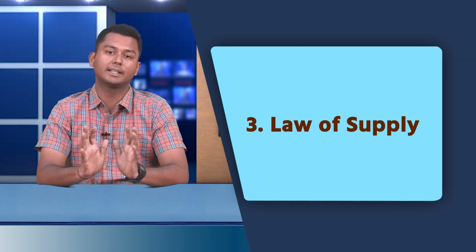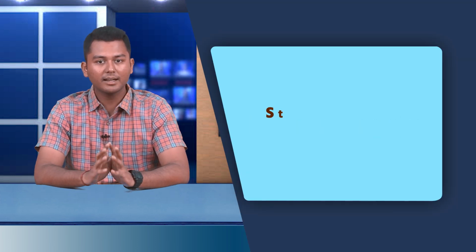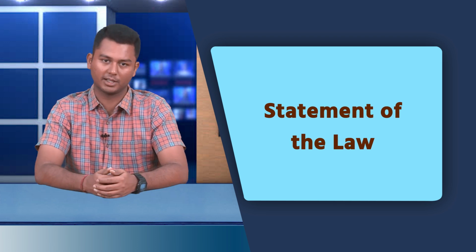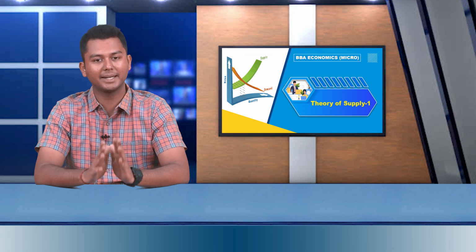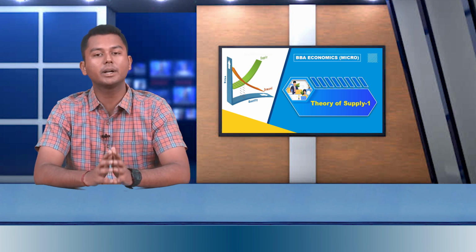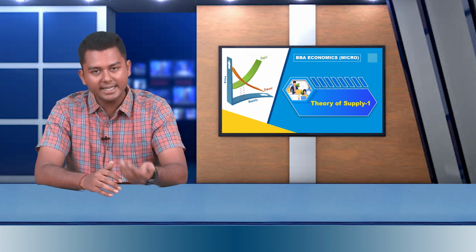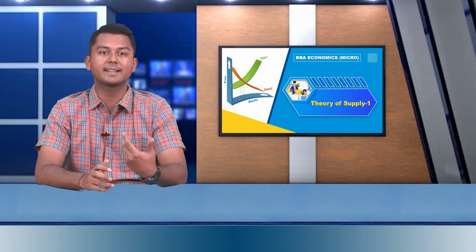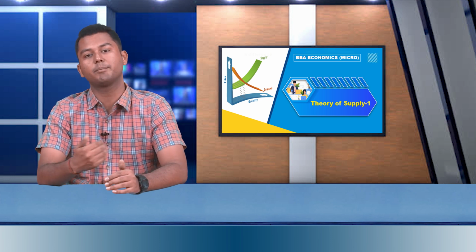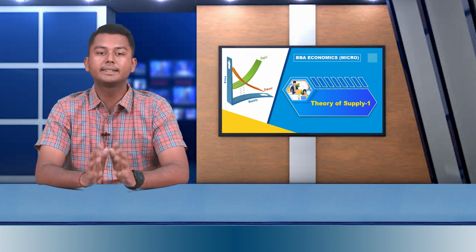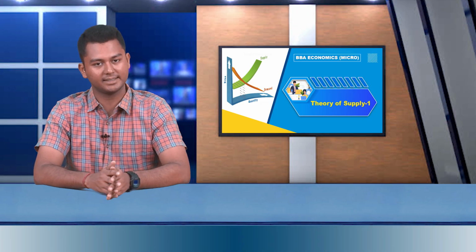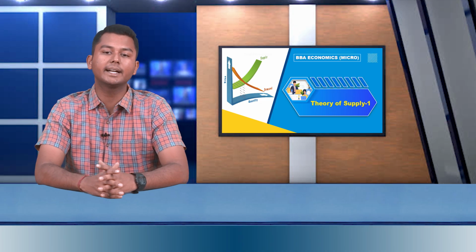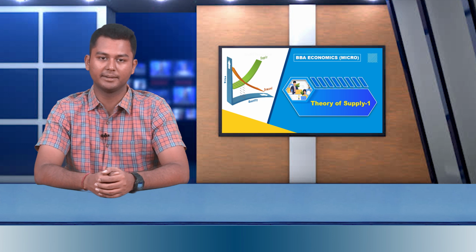Now let us look at the law of supply. Let us understand the statement of the law of supply. The law of supply states that, other things remaining constant, the quantity supplied of a good increases when prices rise and decreases when price falls. This creates a positive relationship between price and quantity supplied, opposite to the negative relationship in the law of demand.